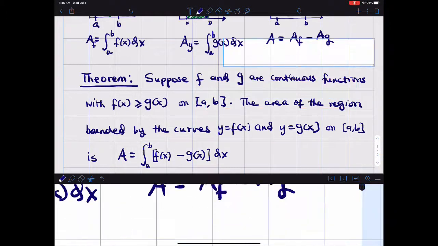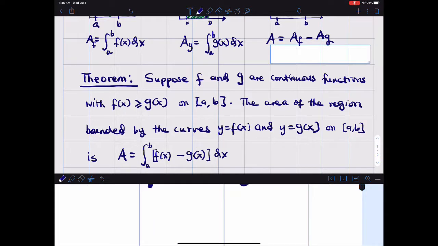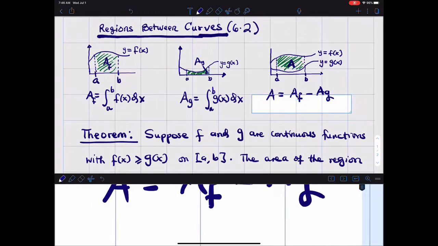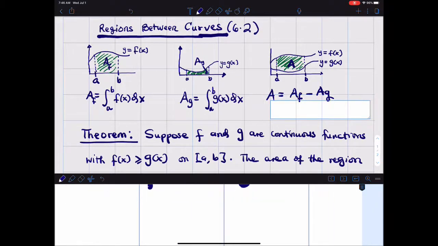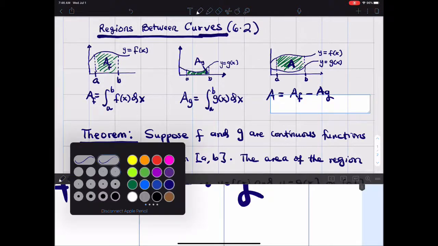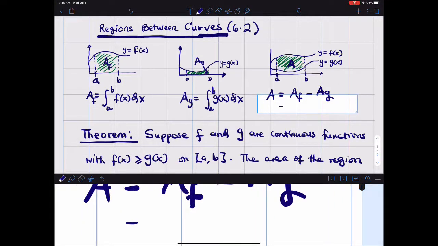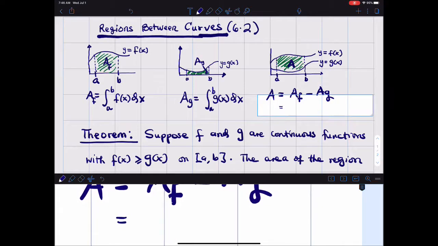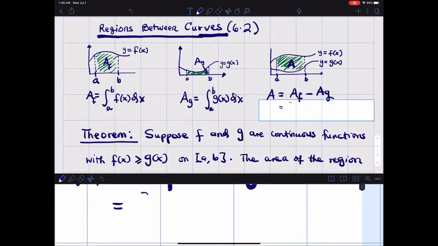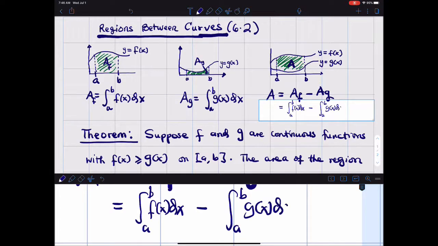So how did we arrive here? Pretty easy. Let's go back to A over here. We know that A is A F minus A G. So this is the same thing as A F, which is the integral from a to b of f of x dx, minus A G, the integral from a to b of g of x dx.